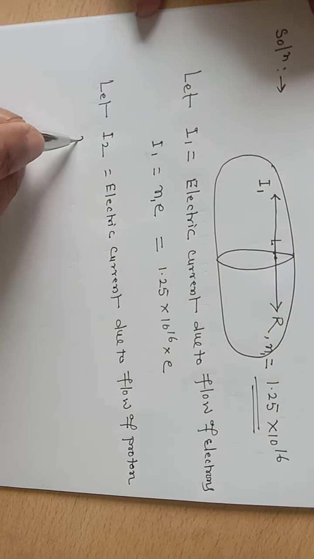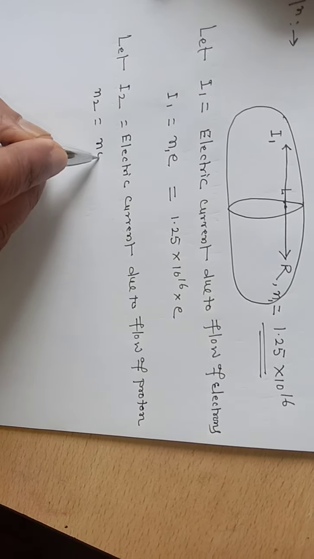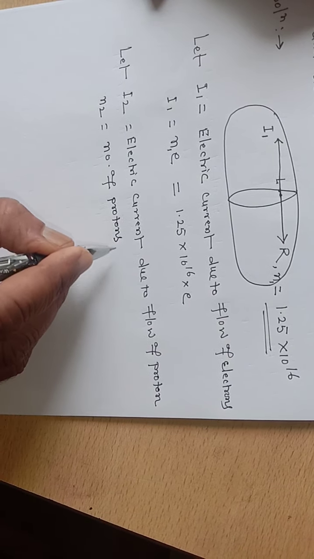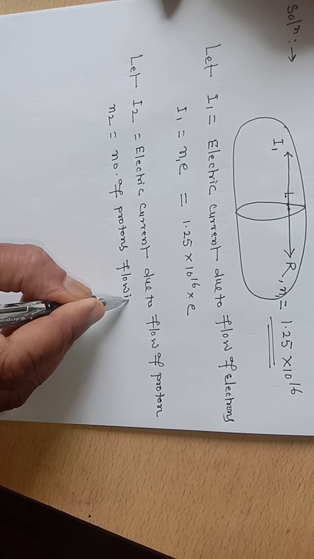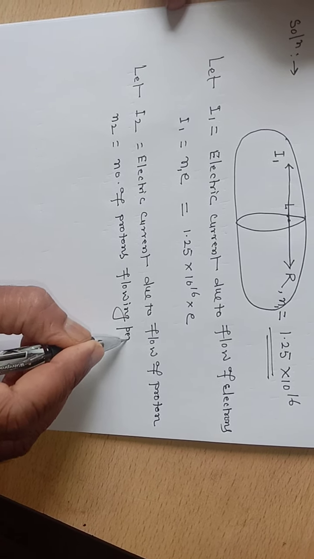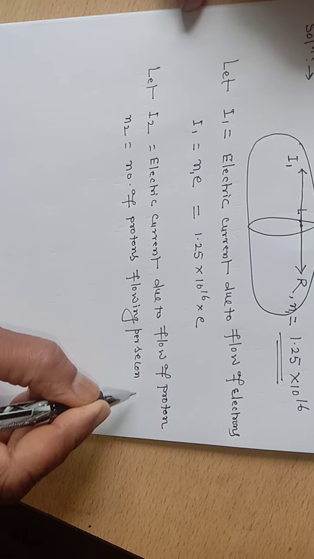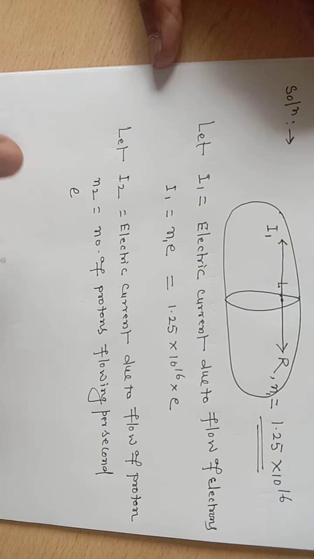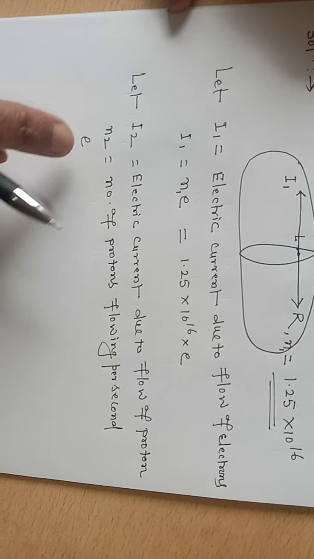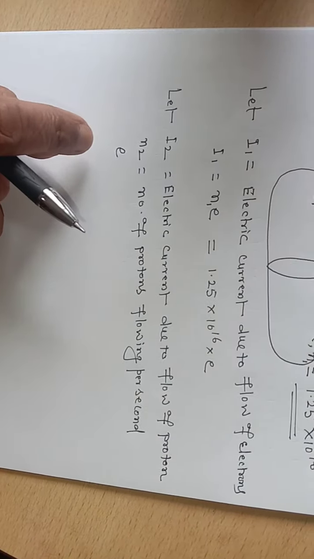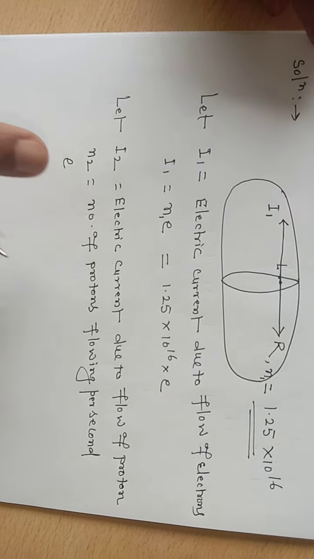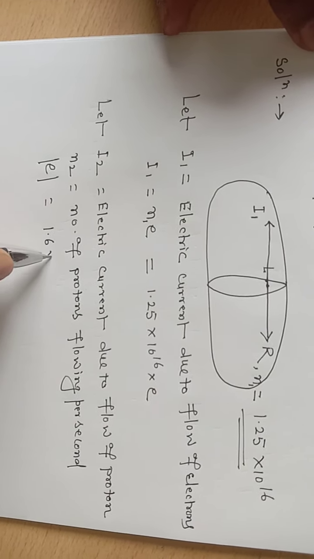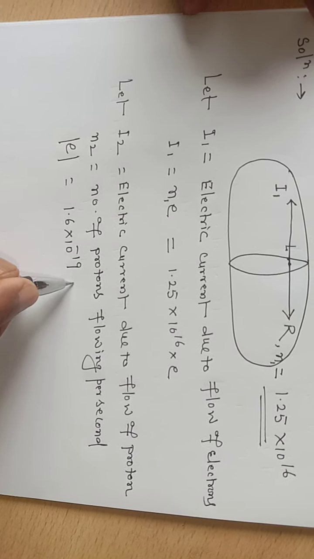So let N2 be the number of protons flowing per second through this same cross section area. And E is electronic charge. This is positive on proton and negative on electron, but we have to calculate only the mod value of this E. So this mod value of E is 1.6 into 10 to the power minus 19 coulomb.